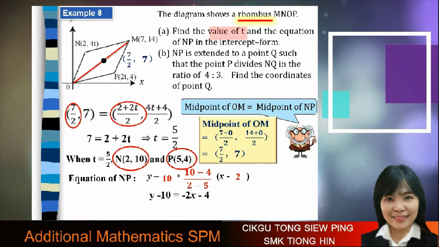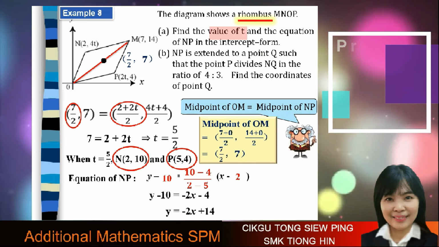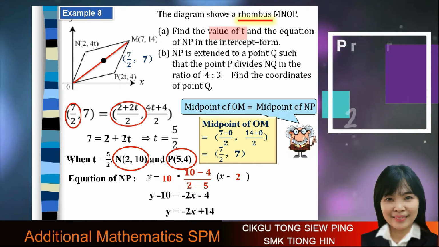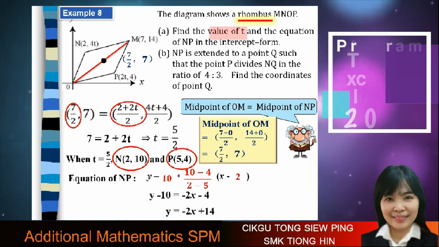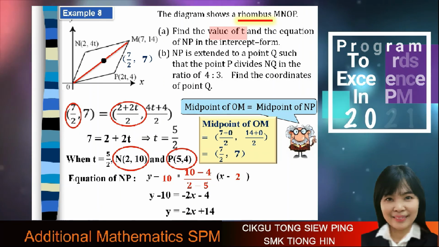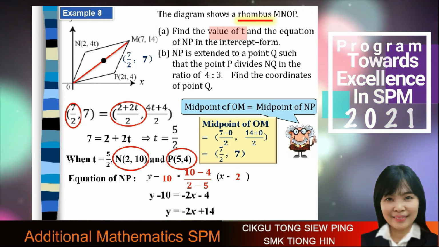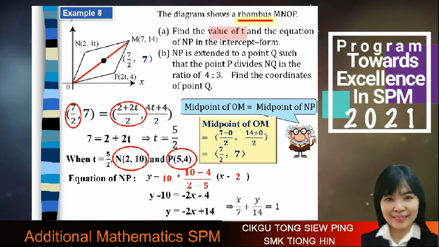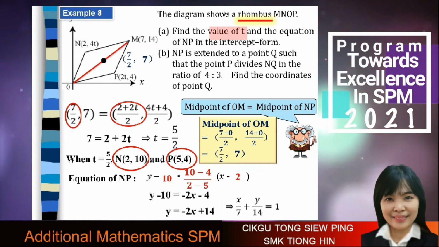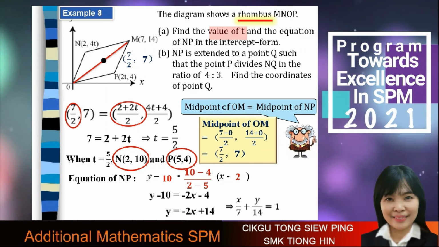Rearrange this into the y equal to mx plus c form, that is y equal to negative 2x plus 14. However, the question wants NP to be written in the intercept form. Therefore, we have to divide each term by 14, then to write it in the intercept form, that is x over 7 plus y over 14 is equal to 1.